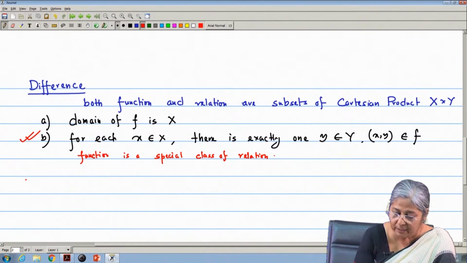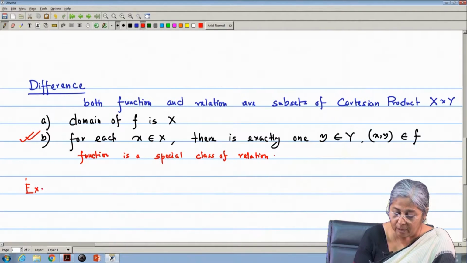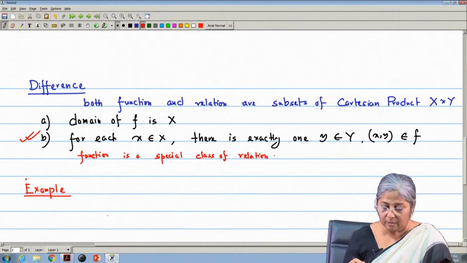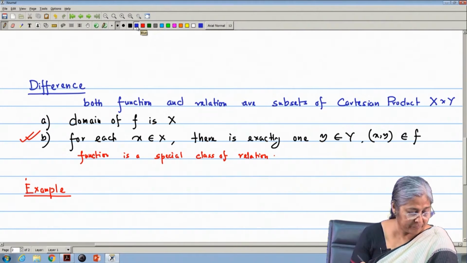Now, we take one example of relation. Mainly we are considering how the elements of one set are related to the elements of another set.